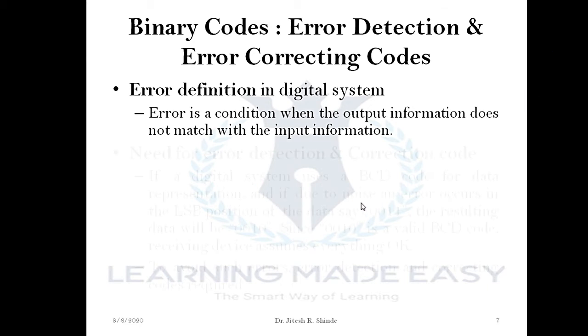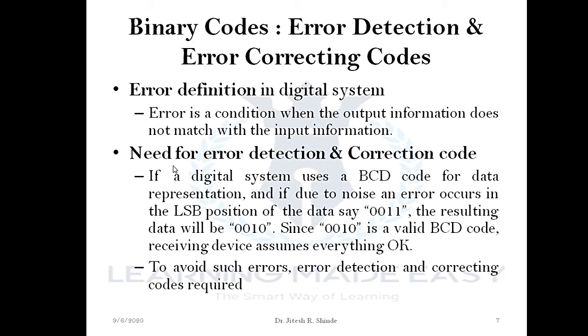So let's see the need for error detection and correction code. If a digital system uses a BCD code for data representation, and if due to noise an error occurs in the LSB position, as in the example just illustrated, say the data 0011, the resulting data will be 0010.